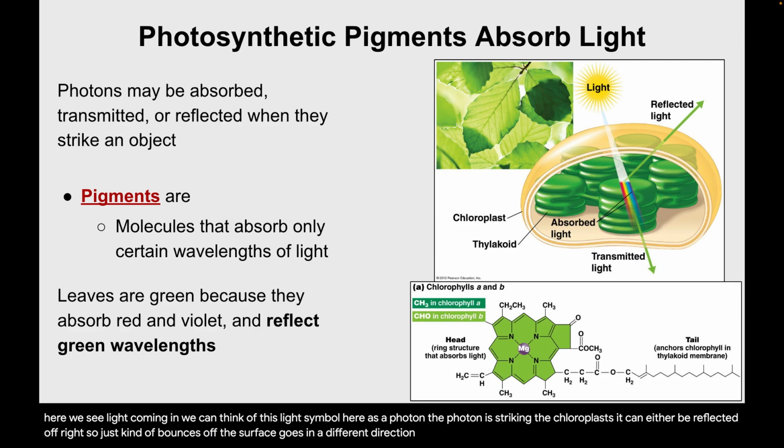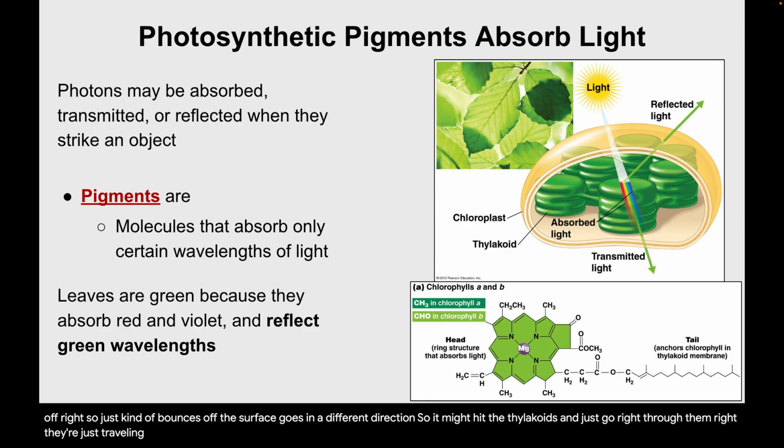It can be transmitted, so it might hit the thylakoids and just go right through them. They're being transmitted through. Or they can be absorbed, where the light hits those thylakoids and something happens to those photons.